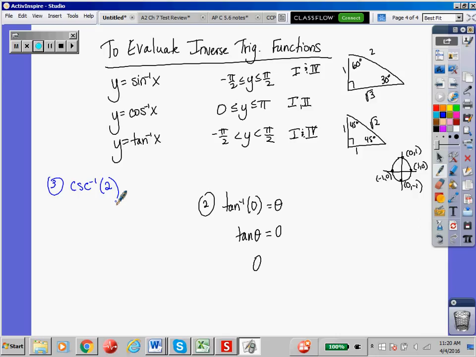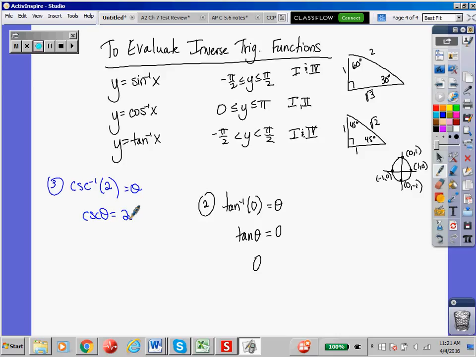Okay, now I am going to do secant, cosecant, cotangent, and they go with sine, cosine, tangent. So in number 3, if I want to find inverse cosecant of 2, well, I'm going to set it equal to theta and rewrite the question and say, well, wait a minute, this is cosecant theta equals 2.